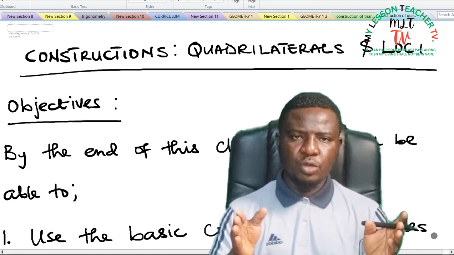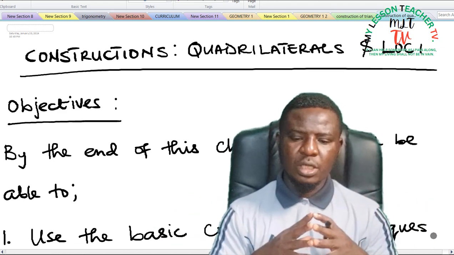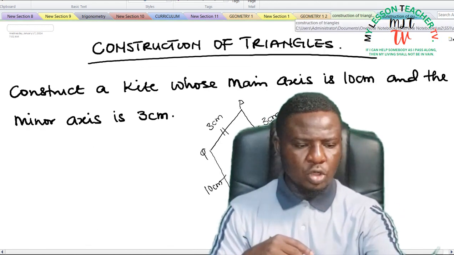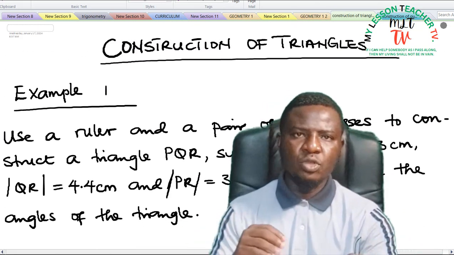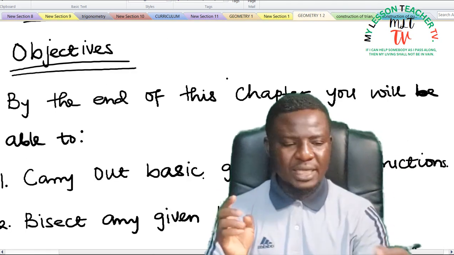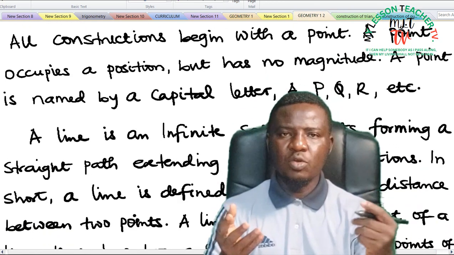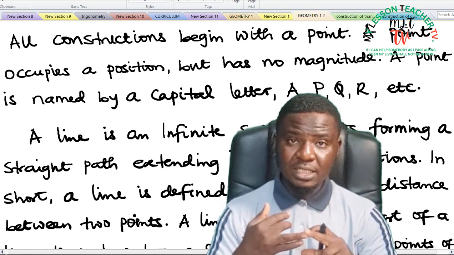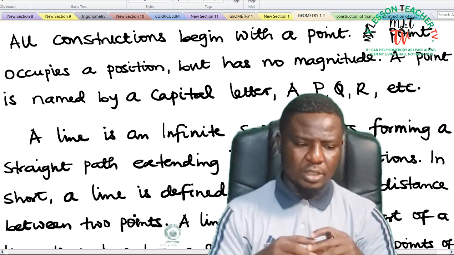Today's class is a continuation of our previous classes on basic geometrical constructions. At the last class, we were able to look at constructions of triangles where I gave you so many examples on how you can construct triangles using the basic theorems that I have once explained to you, which includes how to bisect a line, how to construct a line segment, how to bisect an angle, and so on and so forth.